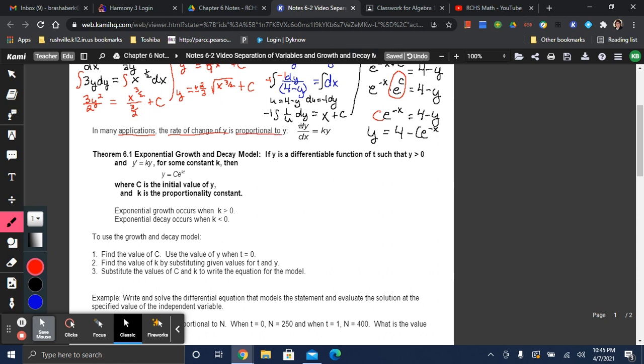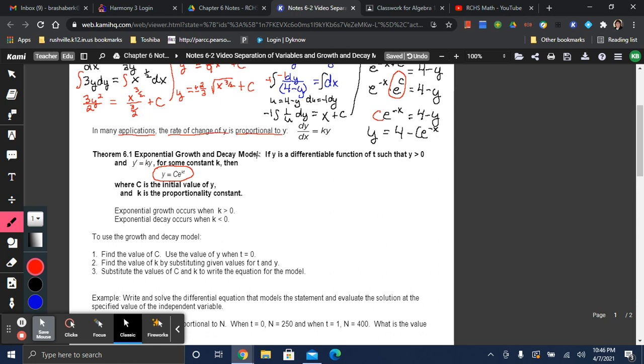So in other words, the rate of change of y with respect to x is equal to some constant times that y. And so this is where your growth and decay model that maybe you've recognized from Algebra 2, y equals ce to the kt power, comes from this relationship, that the rate of change is proportional to that original amount.